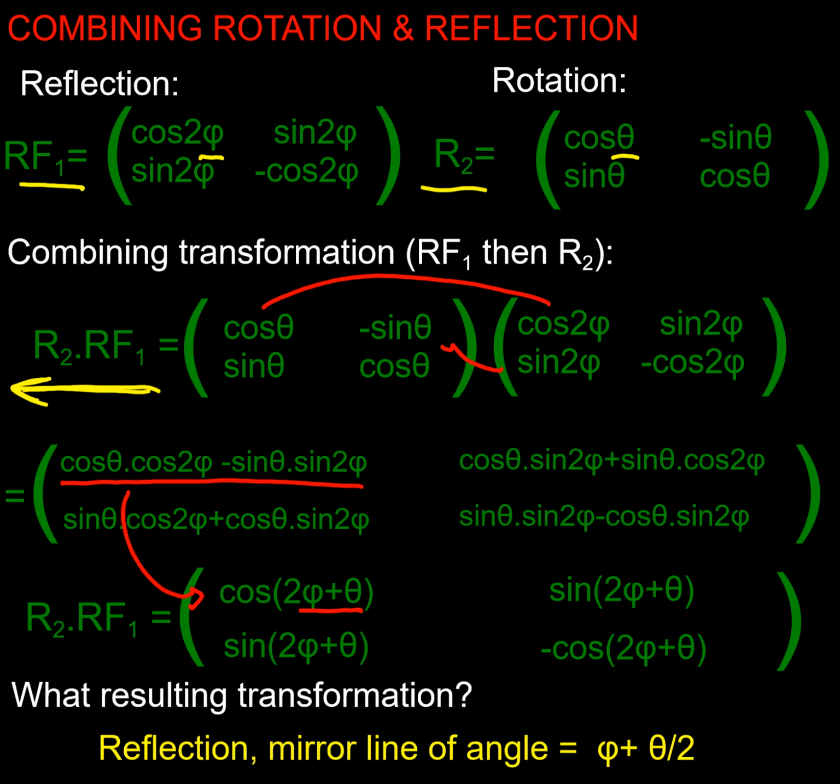What's happening in the bottom right corner? Well, here I've got a sine times a sine, that's the positive, and I've got a cos times a negative cos. So I've got the same expression, but the sign's changed, isn't it? So if I want to use the same angle inside, 2 phi plus theta, I've got a negative sign out the front. Okay, so they both turned out to be coses.